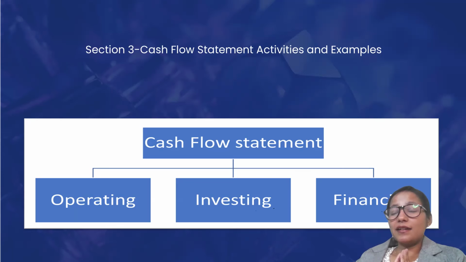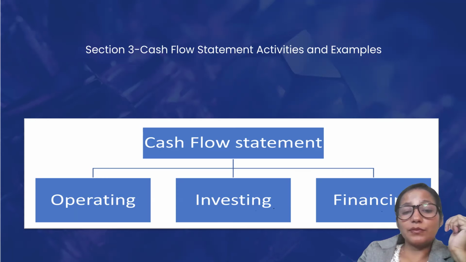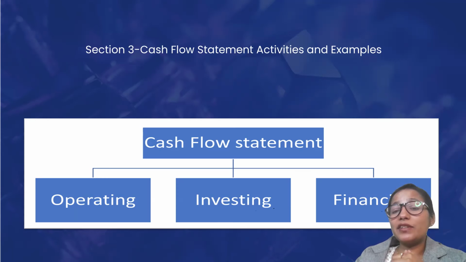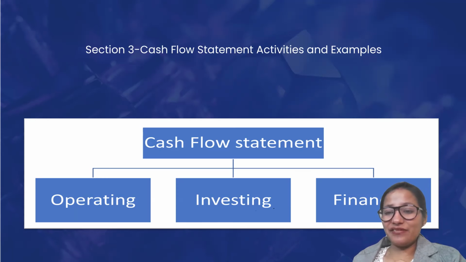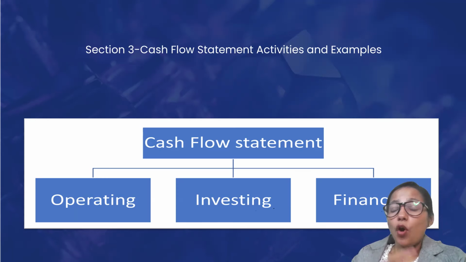Like if I give you my example, my main source of income is teaching income. So my main source of income, the operating activity, is from the fees of the students that I receive. Okay. So operation, the main source of business, what you are receiving, that is operating activity.